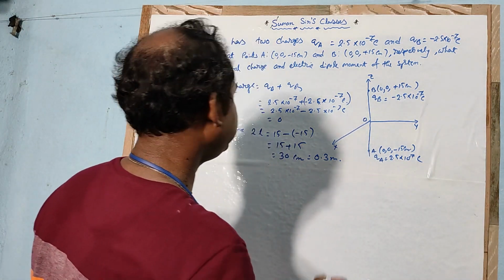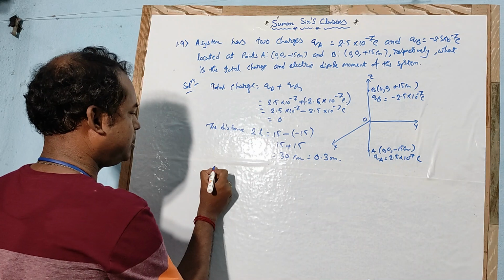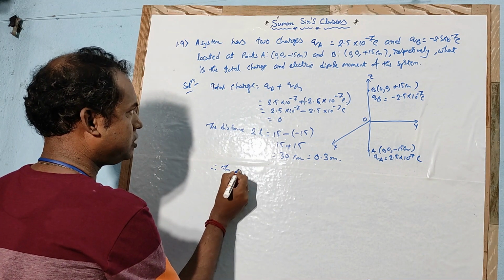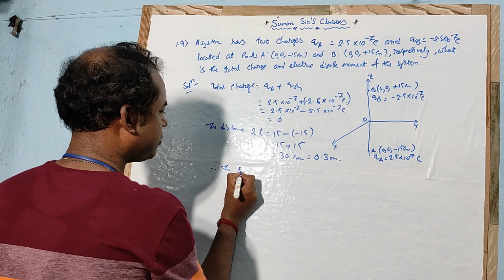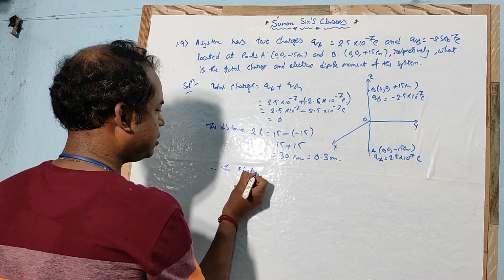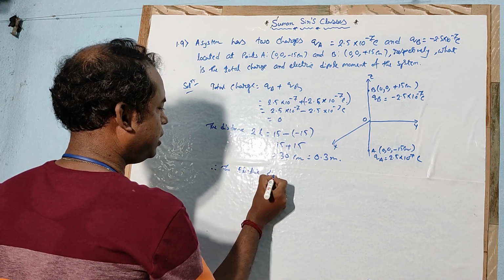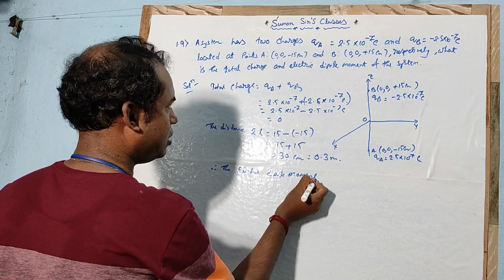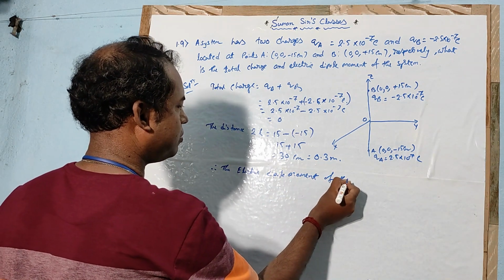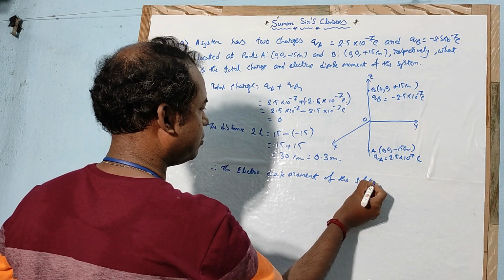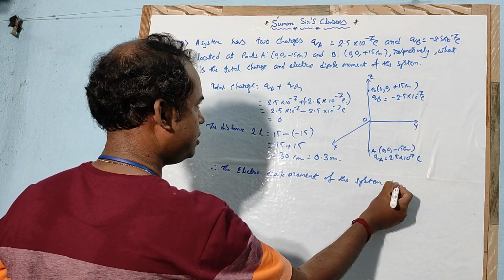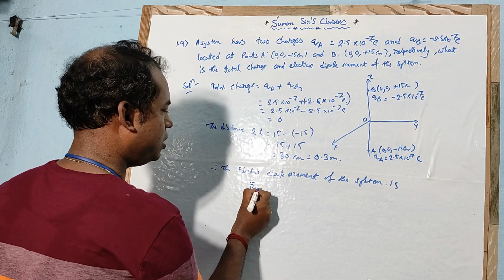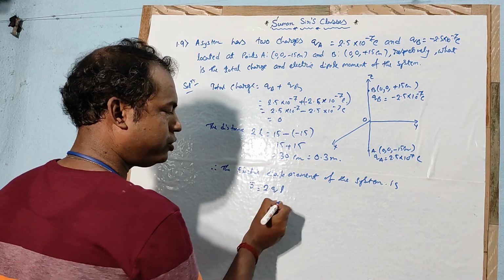Now we want to find out the electric dipole moment. Therefore, the electric dipole moment of the system is P equal to QL, that we know.